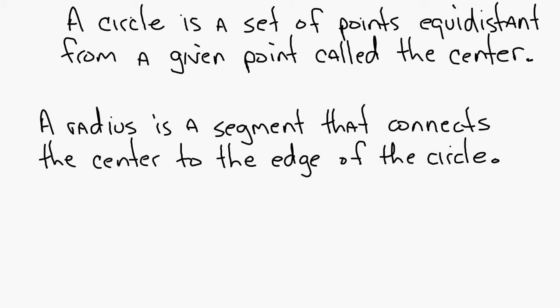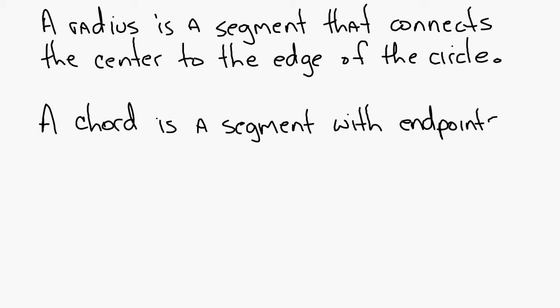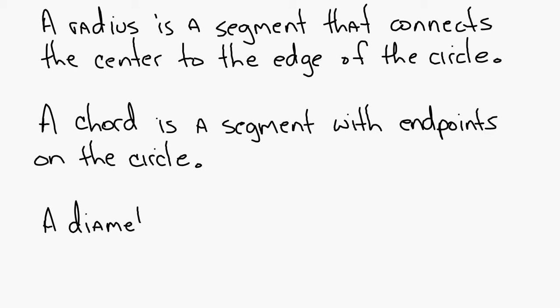A chord is a segment with endpoints on the circle, and a diameter is a chord that runs through the center, passes through the center.